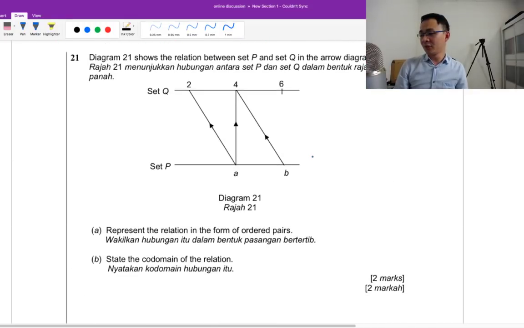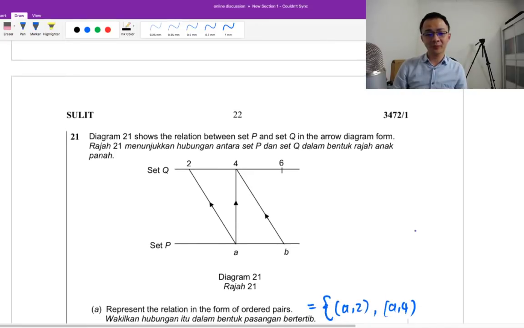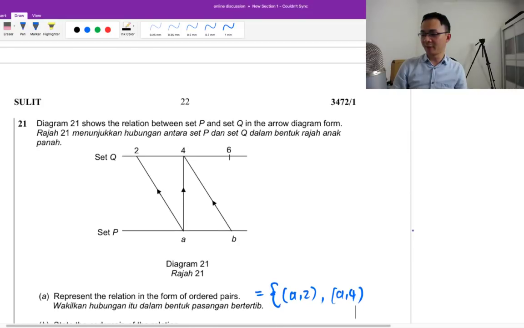Okay, so 21 is very easy. They want the ordered pairs, so just write the ordered pairs for them. I will draw the set symbol. A will pair with 2, just A2, comma. A will pair with 4, it's just A4. Some students cannot see the question, so let me move this to the side a bit.